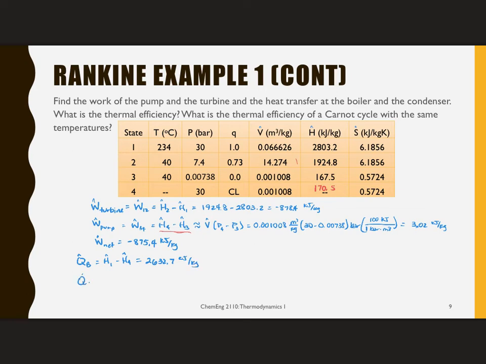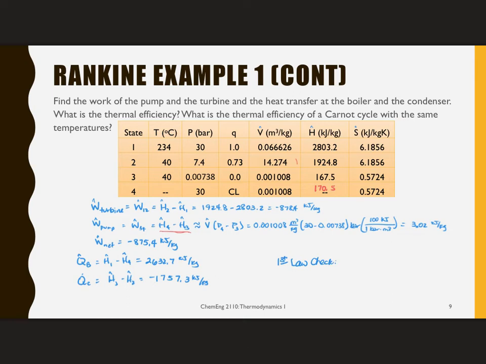And Q for the condenser is going from 2 to 3. And that is negative 1757.3 kilojoules per kilogram.